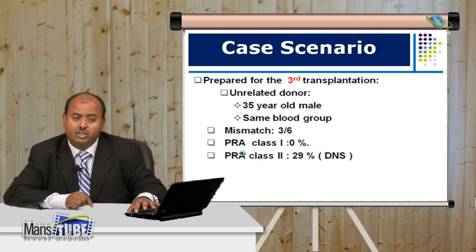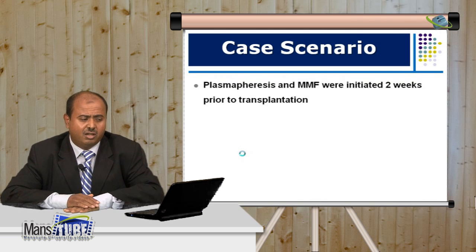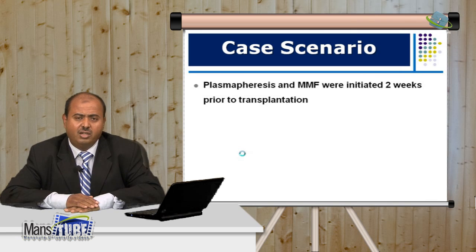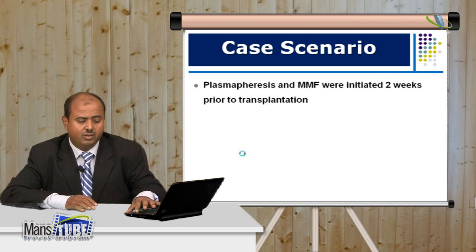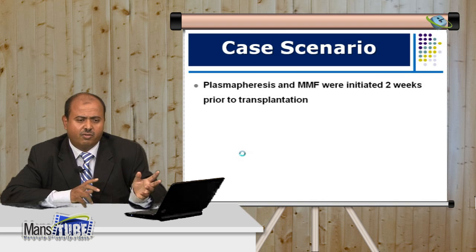At the time of transplantation, the current PRA was 0 against class 1, 29 against class 2, and donor specific for class 2. But immediately after the failure of the 2nd graft, there were peak antibodies of 90% for class 1 and 2. So this is just to show the importance of current and the peak.